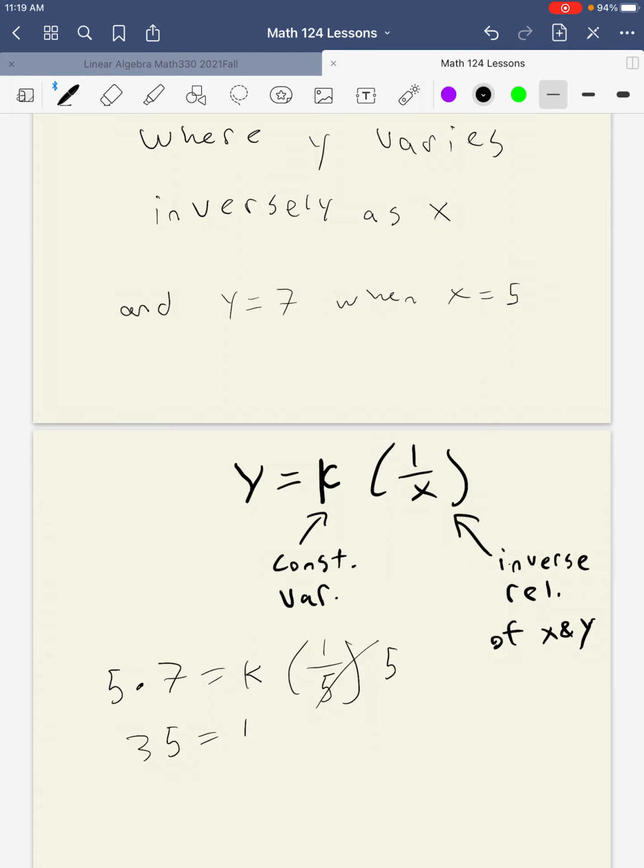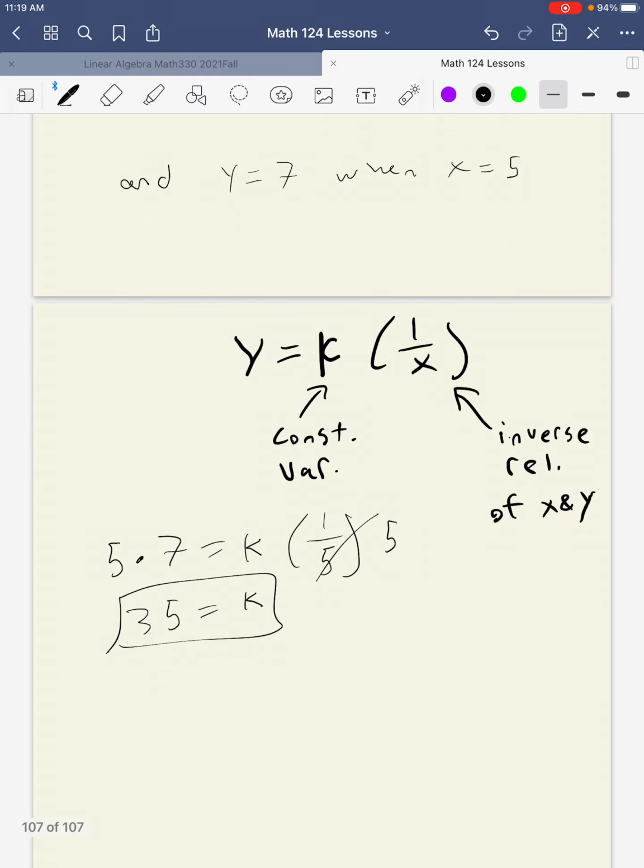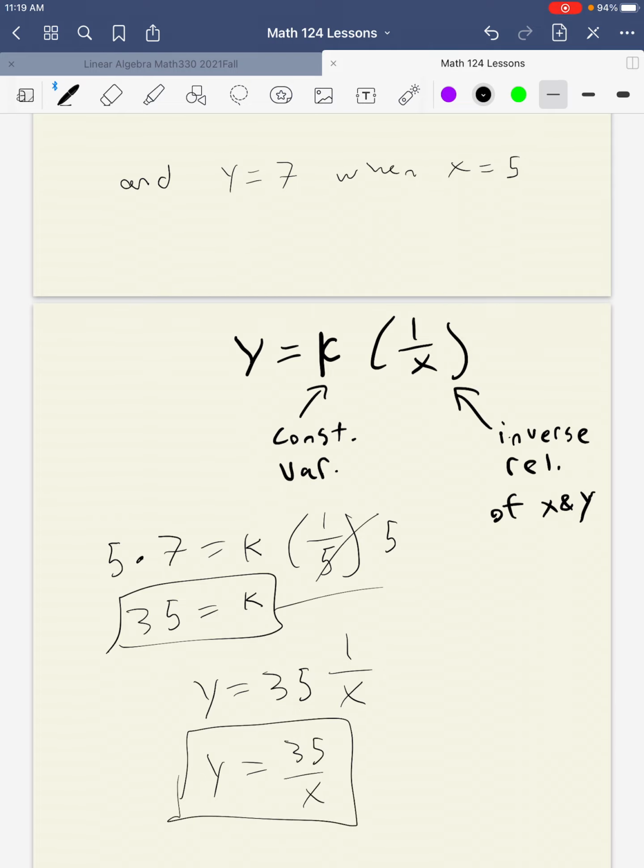We get 35 equals k. So that's the constant. Therefore, the equation is y equals 35 times 1 over x, or y equals 35 over x. And so there was the constant. This is the equation.